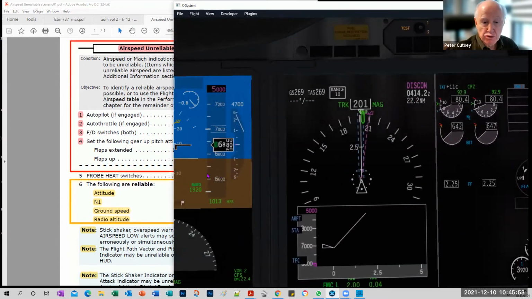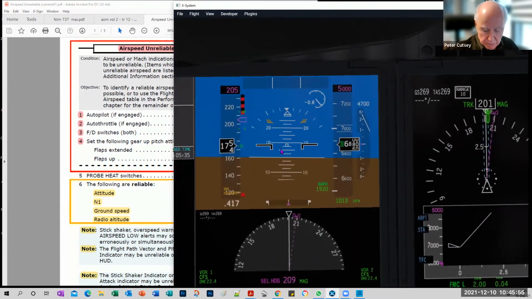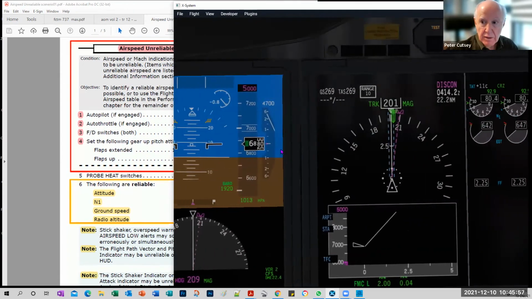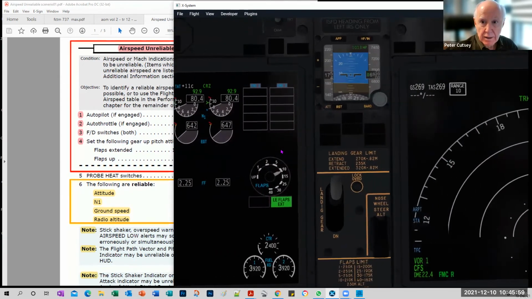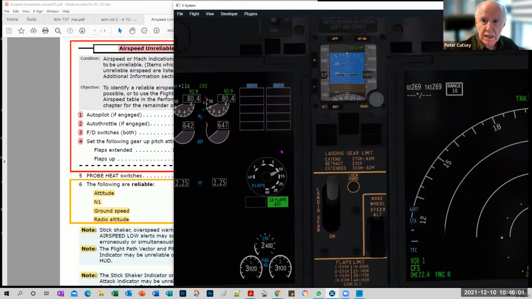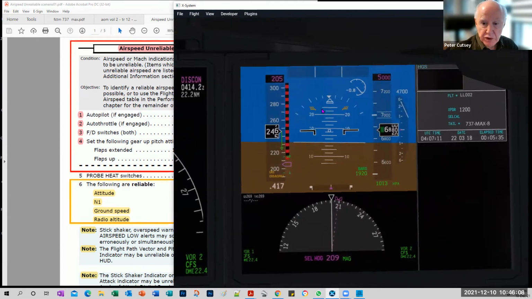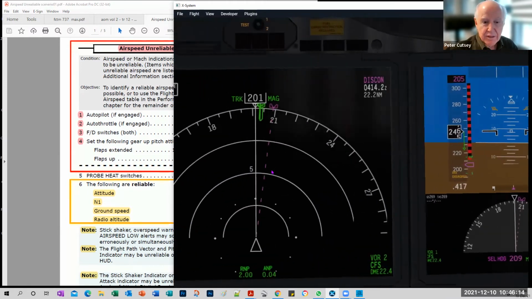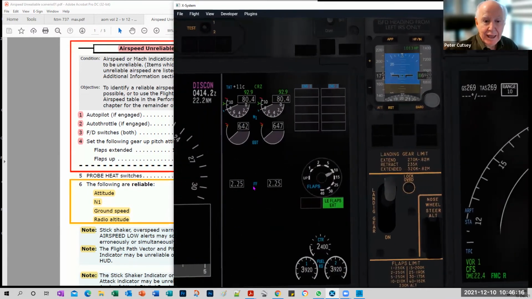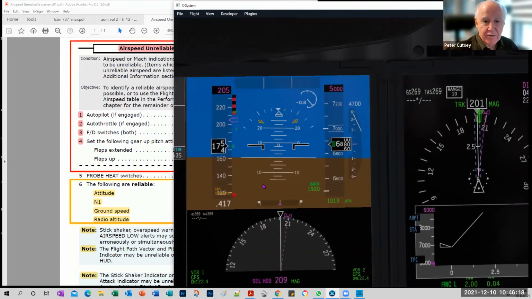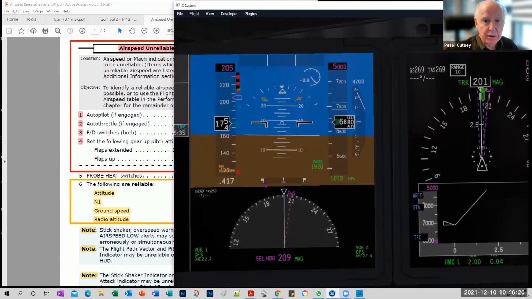So the captain's PFD and the ISFD are a match. The first officer's is quite a bit different. So the initial thinking here is that we have found a reliable source.